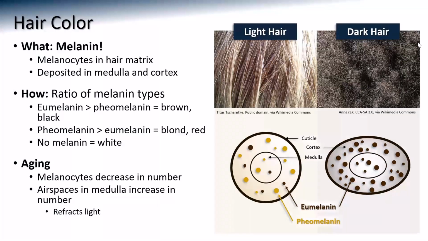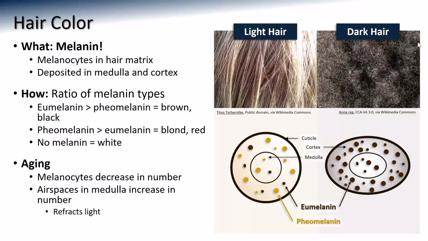If you were to have more eumelanin than pheomelanin, you would have black or brown hair. If you were to have more pheomelanin than eumelanin, your hair would be blonde or red. No melanin at all gives you white hair, which eventually we all end up with just through aging.